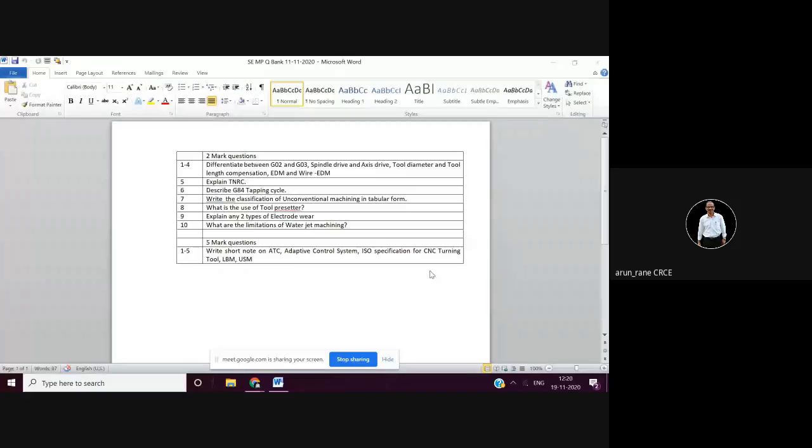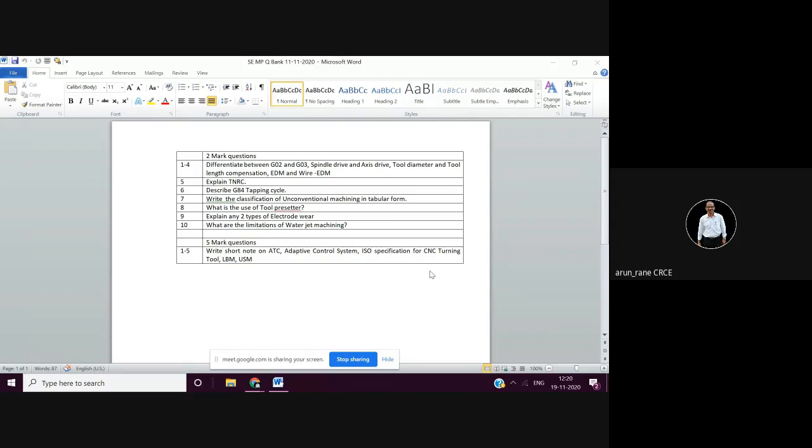So first, don't directly write the specification in 1 or 2 lines. You have to write that there are different ISO specifications, that CNC turning tools are specified by ISO coding. The advantage is that it is easy to purchase as well as easy to understand, isn't it? That is why you have to introduce this first. Don't directly jump to the specifications.